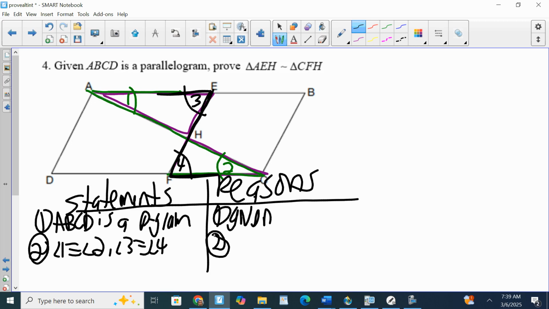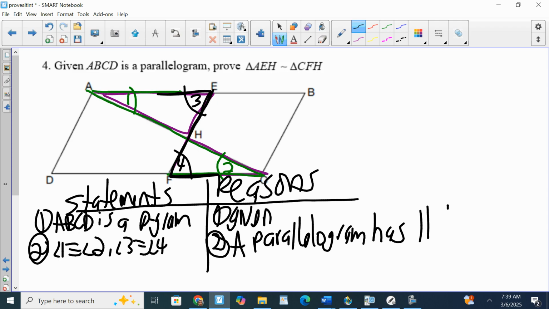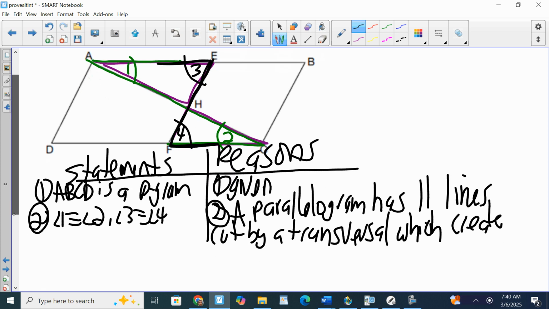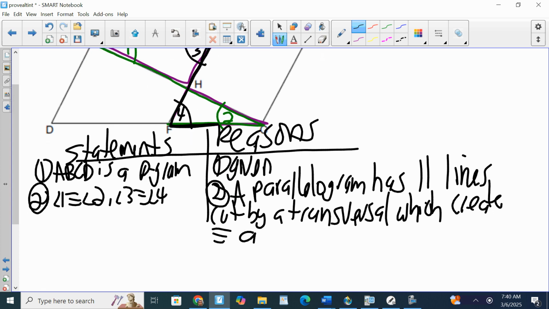And the reason, again, being that I'm given that it's a parallelogram, my reason has to start with: a parallelogram has parallel lines cut by a transversal which create congruent alternate interior angles.